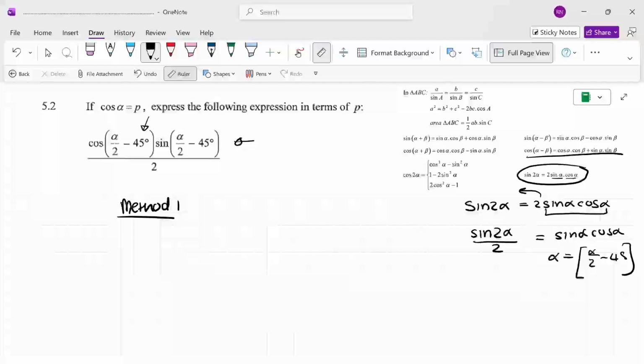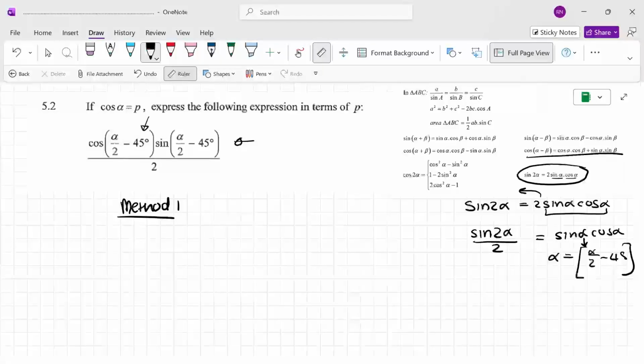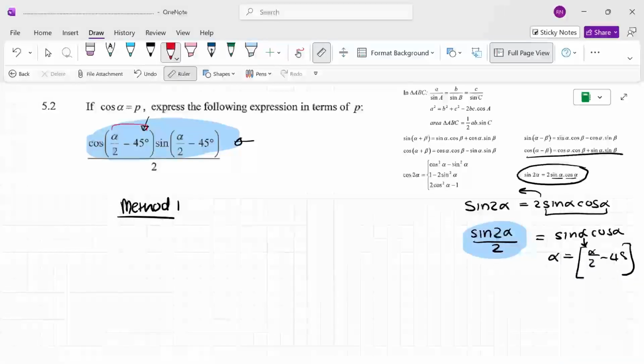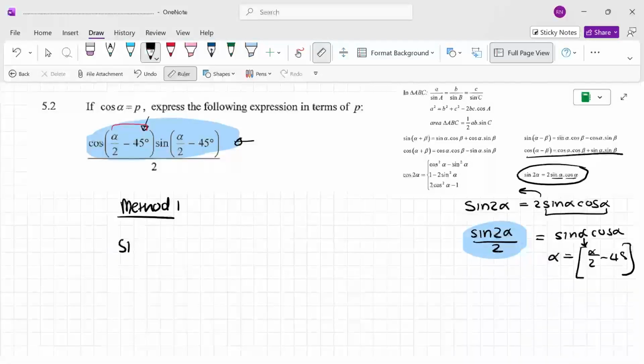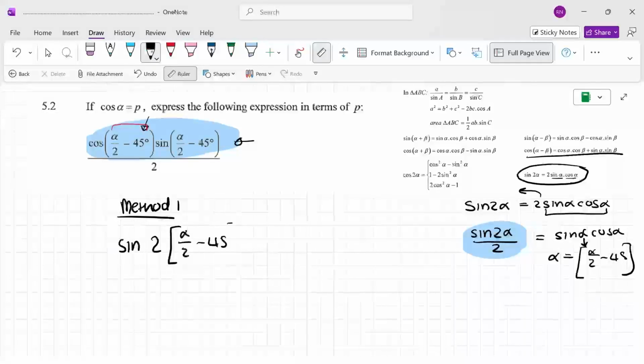So I can replace this top part, sine 2 alpha, with sine 2 times the angle that I had here, which was alpha over 2 minus 45.